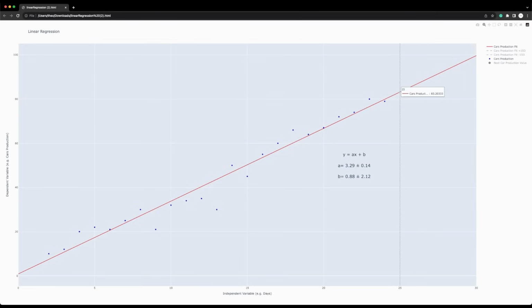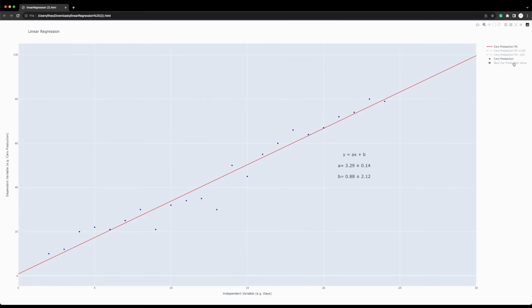The number of cars that our model predicted was 83.20, and as cars are measuring units, we're going to round down and say that our prediction is 83 cars. For us to gauge if our prediction is correct, we need to know what was the actual value that the factory was able to manufacture on day 25.